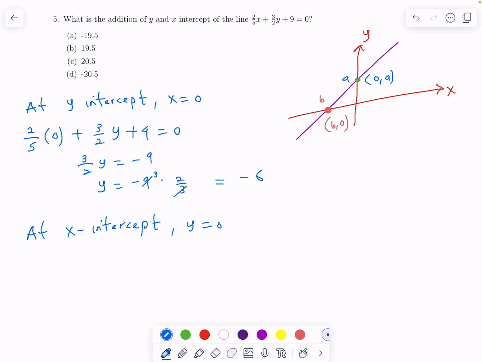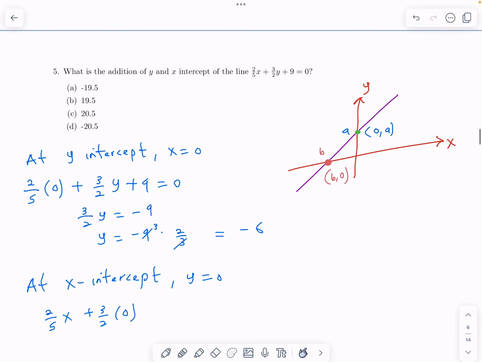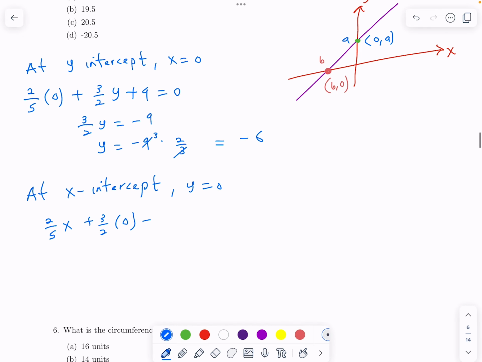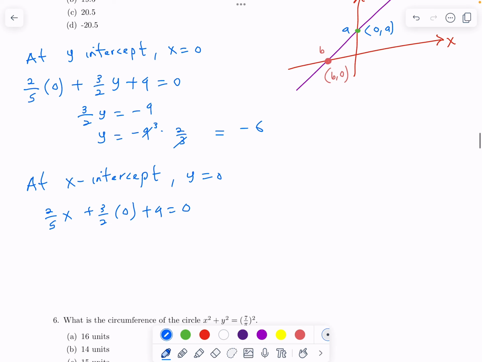So I'm going to have 2 over 5 x plus 3 over 2 times 0 plus 9 is equal to 0, right? So if I simplify this, I'm going to get 2 over 5 x is equal to negative 9.